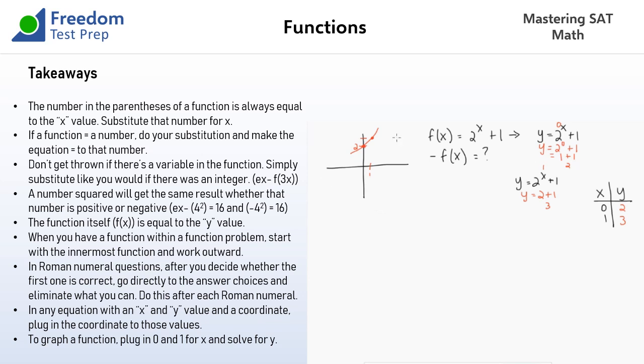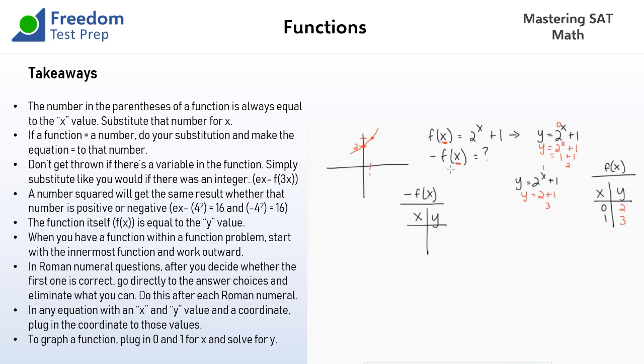All right, positive curve. Now they're asking us to make it negative. But if you notice, the x's stay the same. Okay, so let me label this here. This is going to be our f of x. And now we're going to do the same thing with negative f of x. Okay, so x and y.